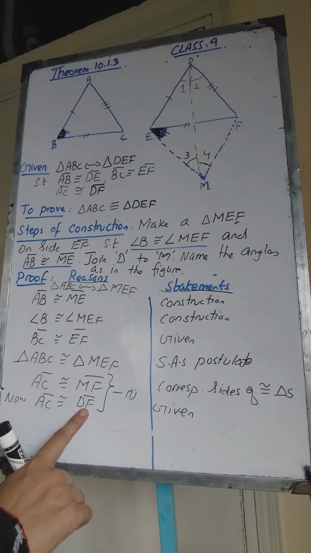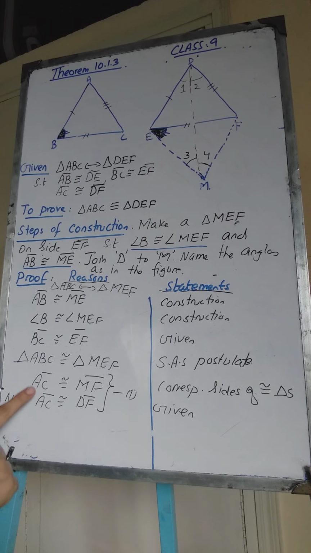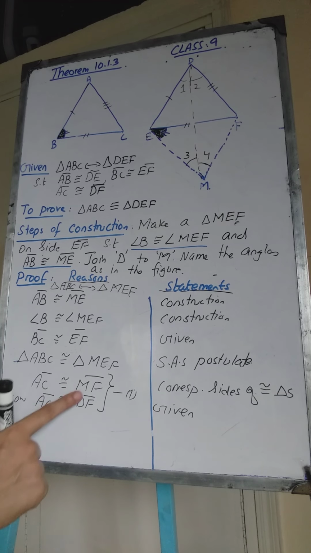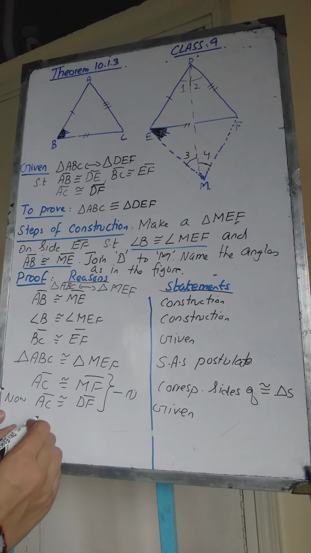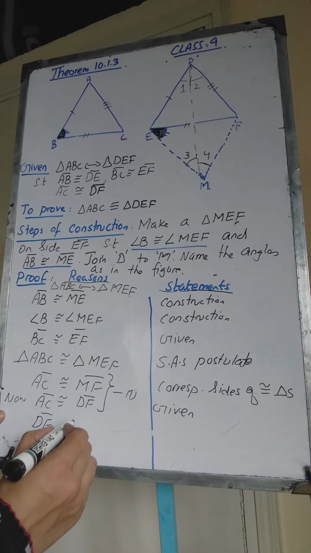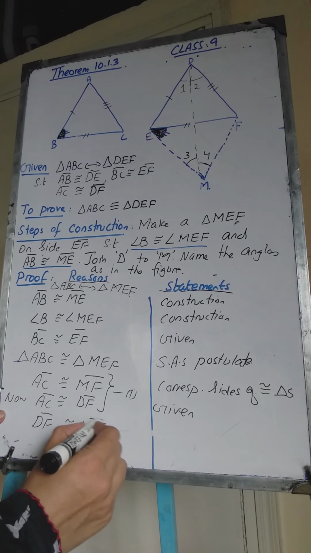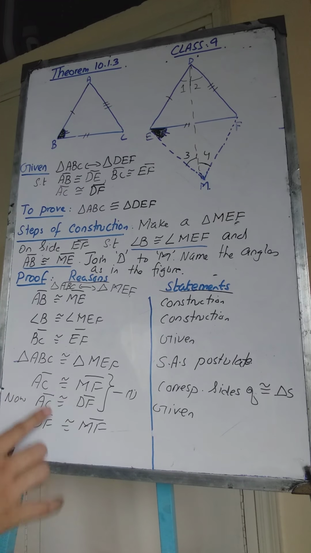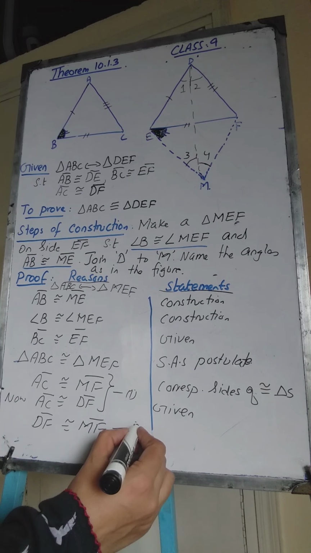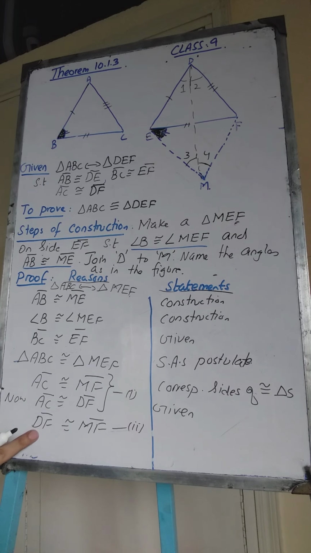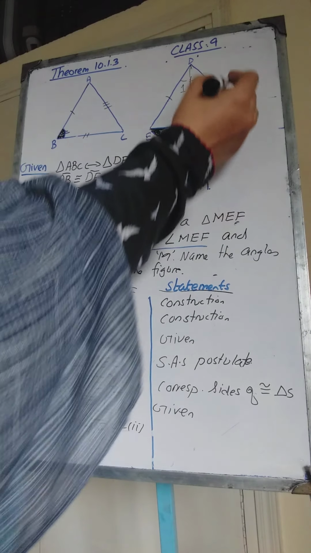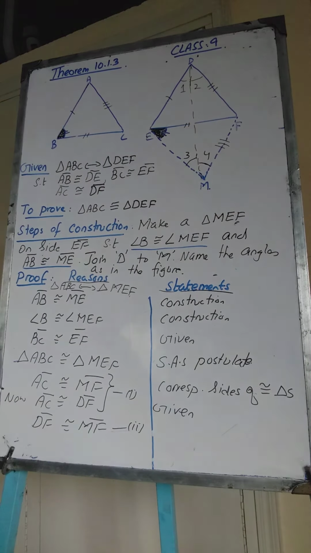Now AC was congruent to DF, this is given to us. It means that AC is equal to both these sides, which implies that DF and MF must be equal to one another because both are equal to AC. Mark this as 2. So now we know that DF is congruent to MF.